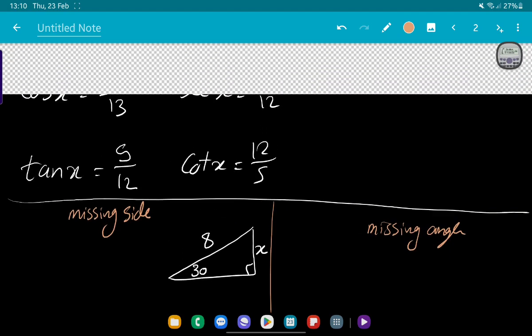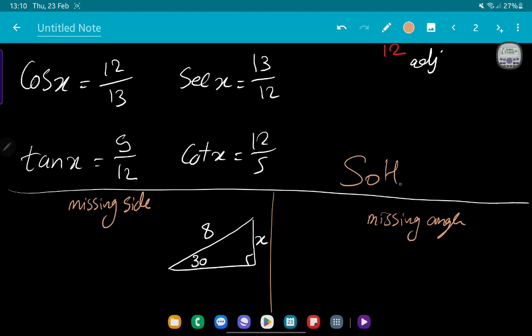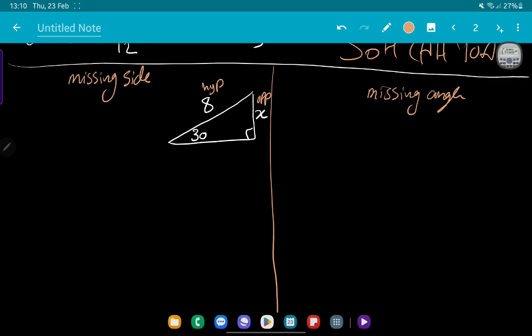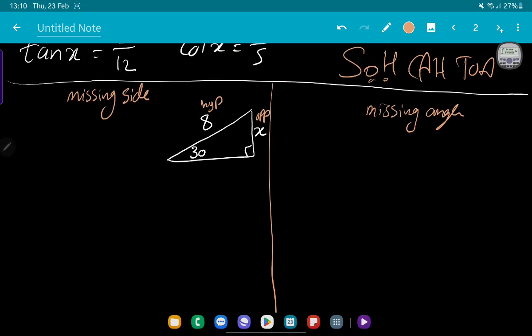Let's remember, we have the opposite and we have the hypotenuse. They are both involved in the problem. So we will use opposite with hypotenuse, it means sine. So we will write sine 30, and this step is more important than the solution. Sine 30 should be x, which is the opposite, over 8.